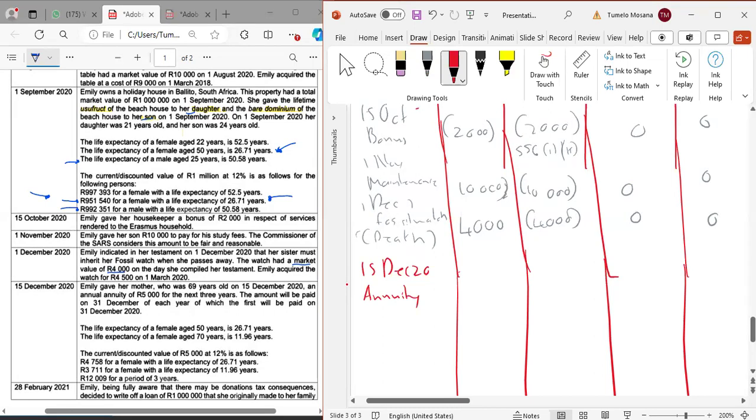The amount will be paid on the 31st of December of each year, of which the first will be paid on the 31st of December 2020.